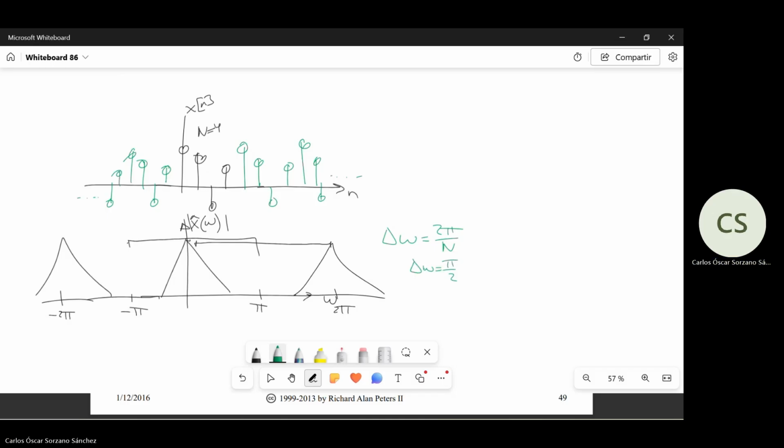So we will have a delta at k equals 0. We will have another delta, let's say at pi half. Let's say it is this one. So this is k equal 1, k equal -1. We will have another delta at k equal 2.